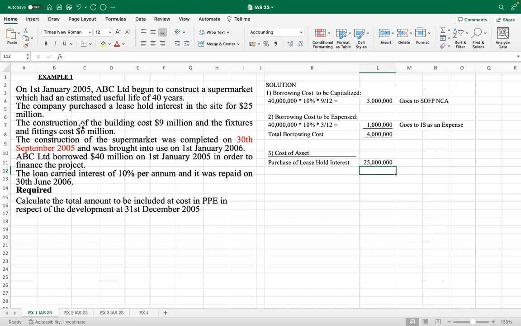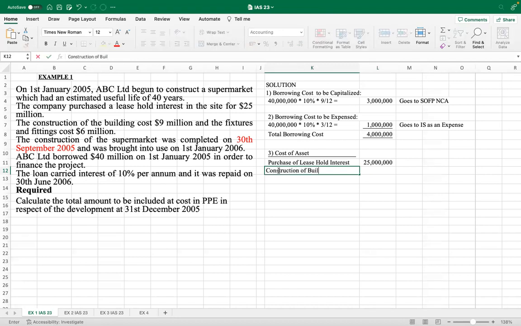And then you are being told the construction of the building cost 9 million. Construction of the building cost 9 million.